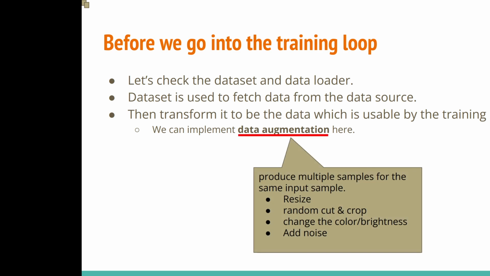Here are a lot of typical data augmentations, and actually there are a lot more. We can implement many different data augmentations for training so that the model will be more robust.